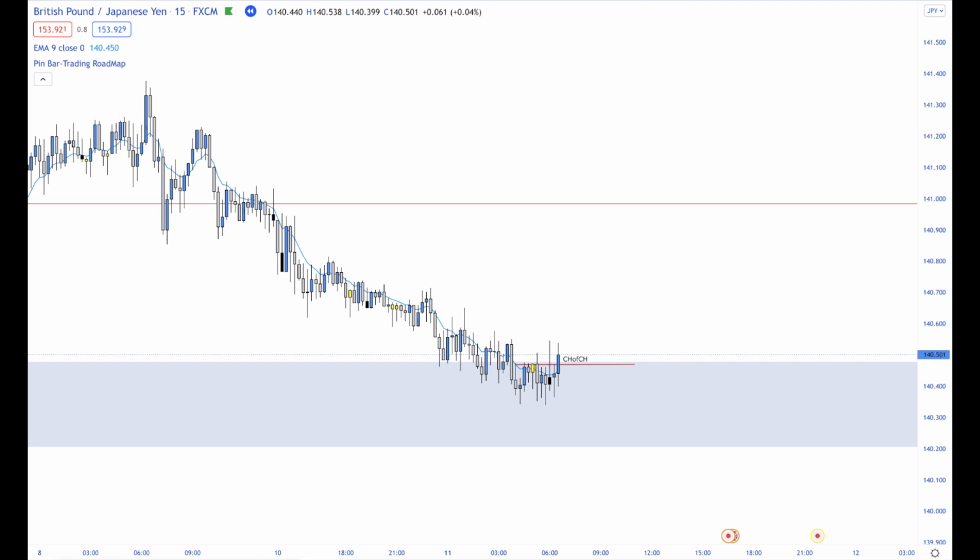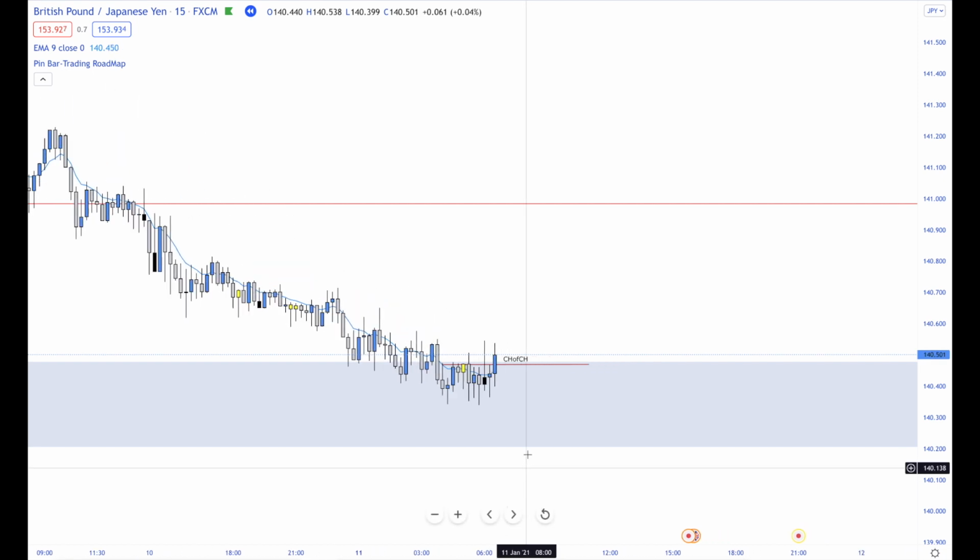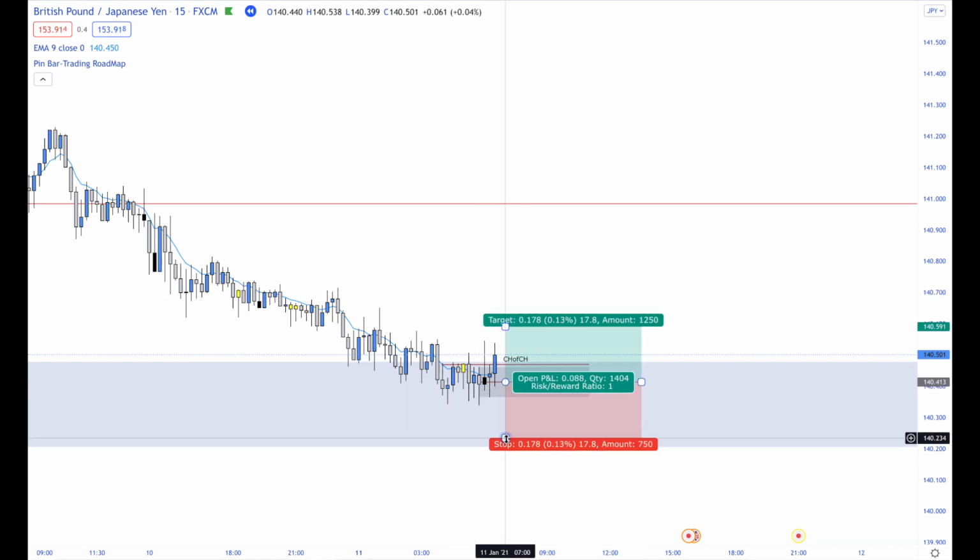So what I'm going to do is identify the last range before the break of structure. What I like to do sometimes is go into a line chart and identify the last range like that. But I'm going to identify these 3 candles over here, and use this part of the market to enter.